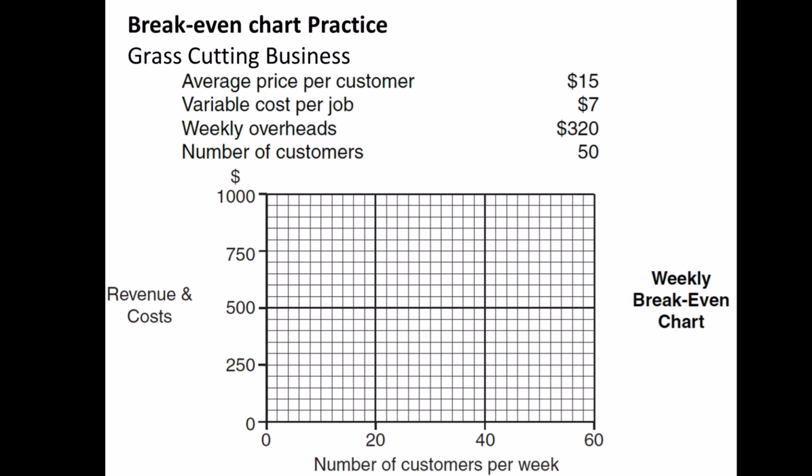You just have to find two points: the total cost at 50 customers, and because it starts at the fixed cost, you have the second point. If you do that, then you can just skip the working for the variable cost. But since we are learning, you can draw the variable cost curve first.